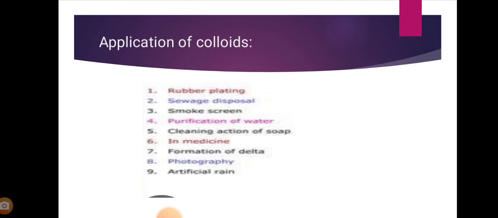Another application is the pharmaceutical industry and the antibiotic process. For example, penicillin is colloidal in nature, so it is easy to merge into the blood plasma and put into an intravenous injection. It is easy to act.